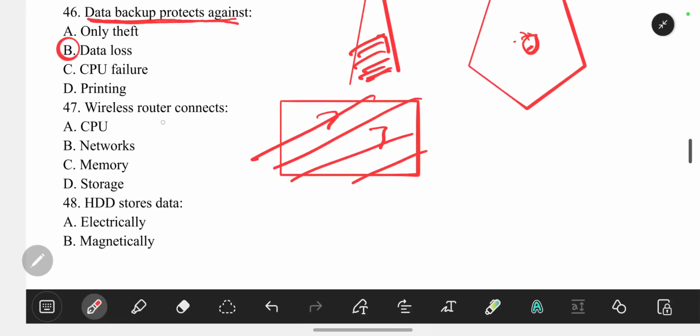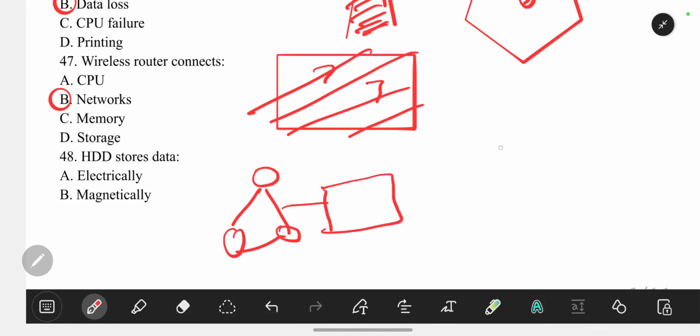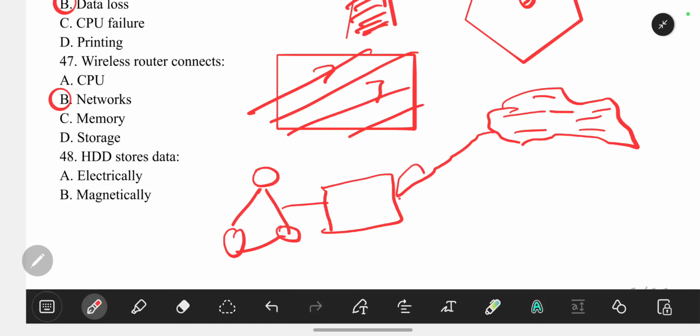When we have our wireless router, the wireless router connects networks. So you might have a local area network whereby you have computers connected like that. Then for these computers to be connected to the internet, which is the globe, I might just draw a sky like that, this is a wide area network. The internet is a wide area network.